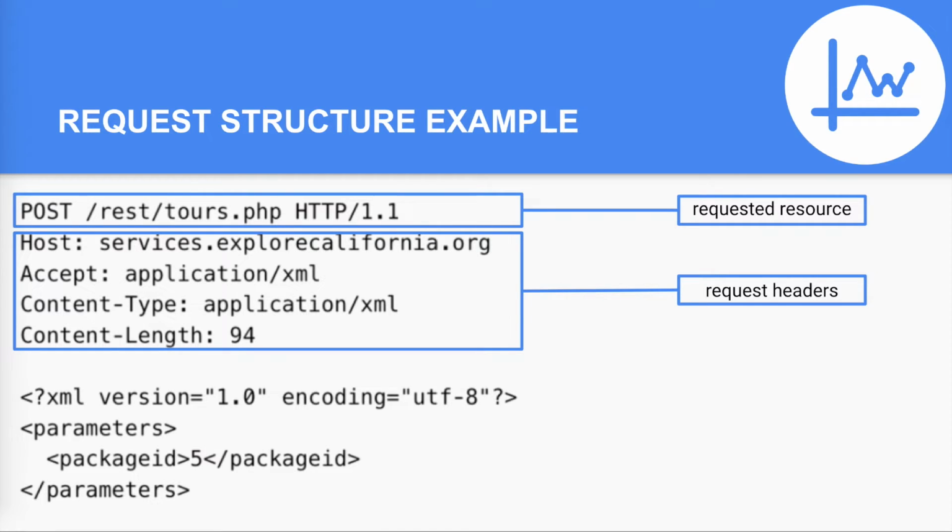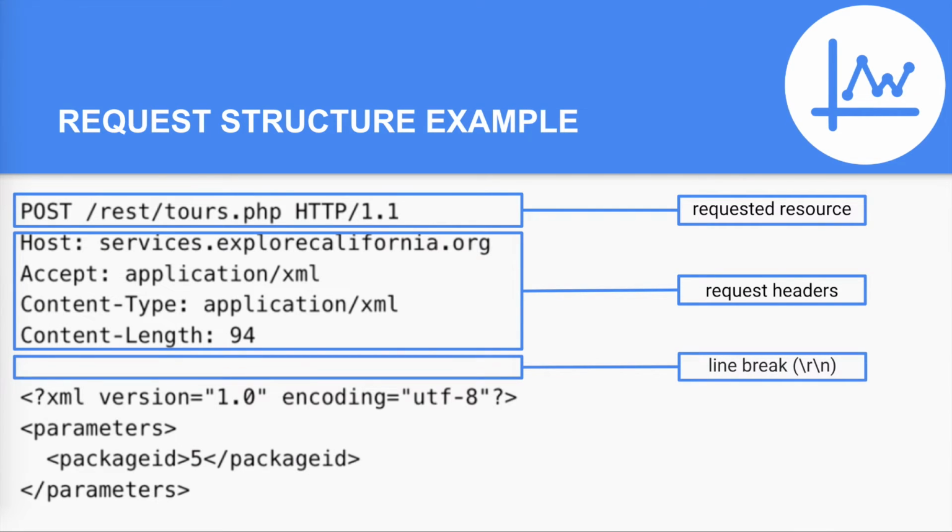This particular request has headers such as accept and content type. The content type header tells a web service in which format a request body is being sent from a client, whereas the accept header informs the web service in which format a response body should be returned to a client.